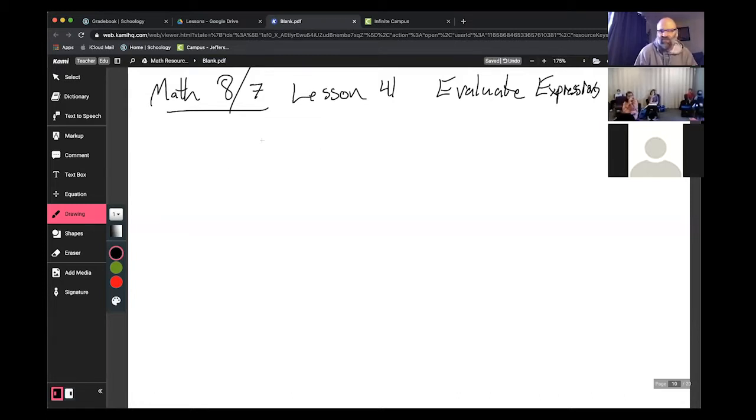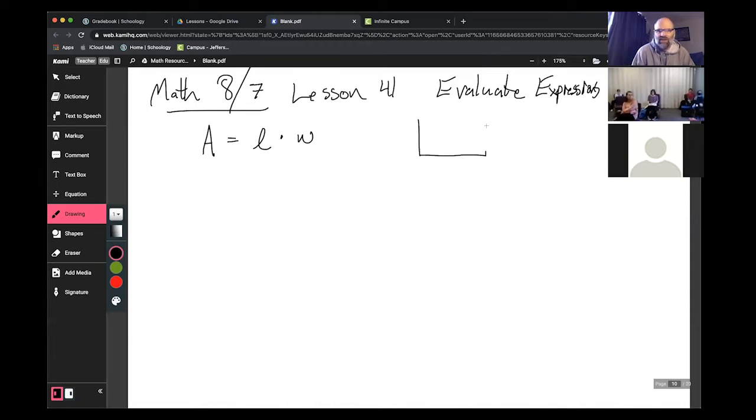If I have this expression, you guys know what this formula represents? A equals L times W. Yeah, area equals length times width of a rectangle, right?